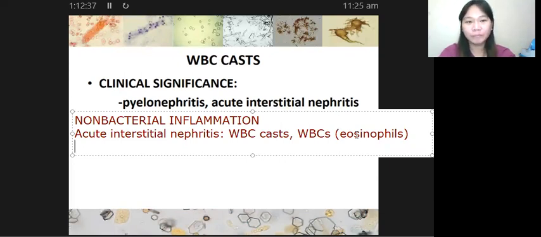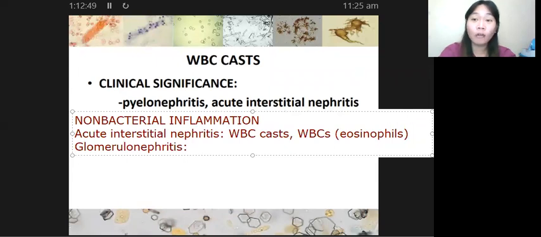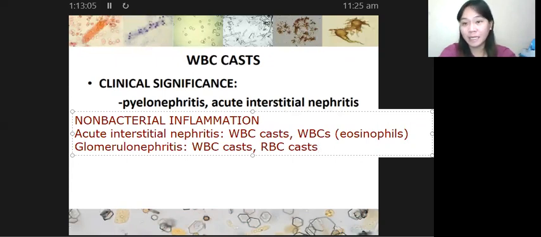Okay, ayan. So ang WBC casts din po natin ay pwedeng makita, nabanggit ko din yan, sa glomerulonephritis. Particularly kung severely compromised yung ating filtration barrier. Okay? So if for example, WBC casts at glomerulonephritis, yung meron na sakit yung pasyente, ang hahanapin natin na kasama niya ay RBC casts.